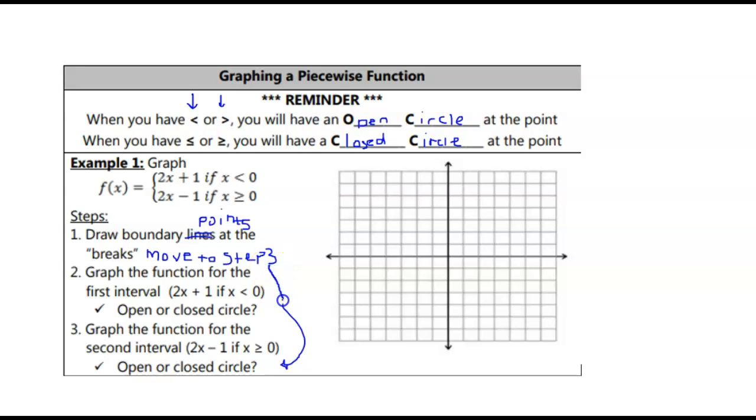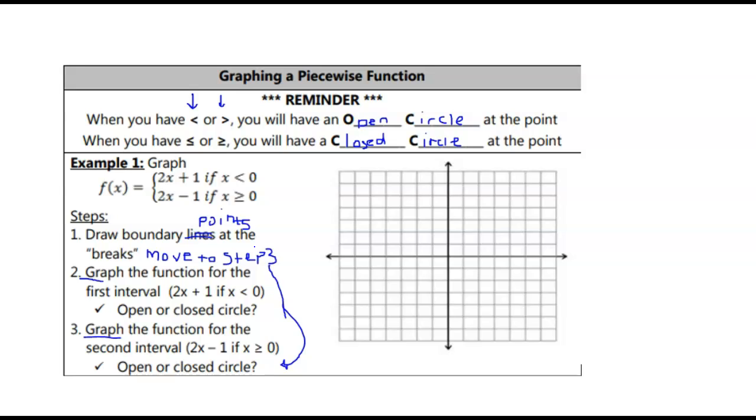So we're going to go right on to step 3, and then we'll go back up to step 2 and step 1, where we graph the line for the given interval. Basically what Ms. Bennett is saying is when you graph piecewise functions, graph your boundary points first, then graph the pieces of the function. So graph the intervals of the function.